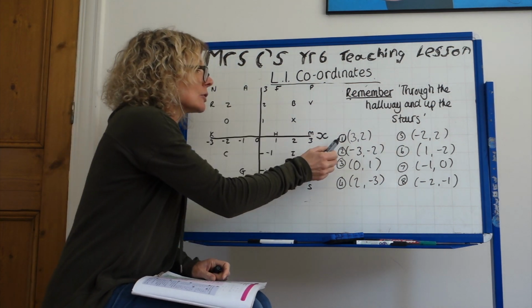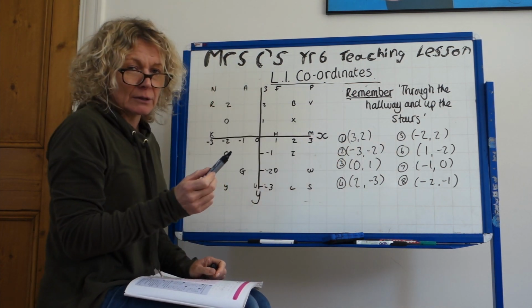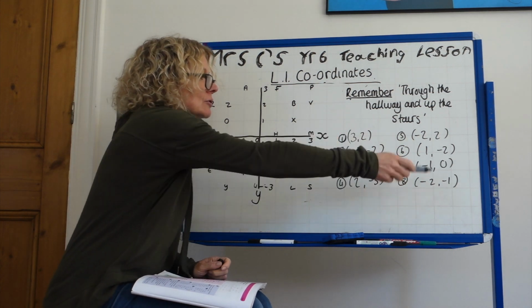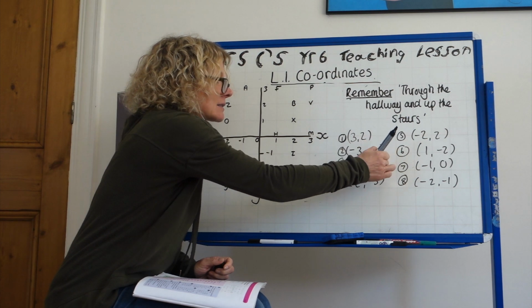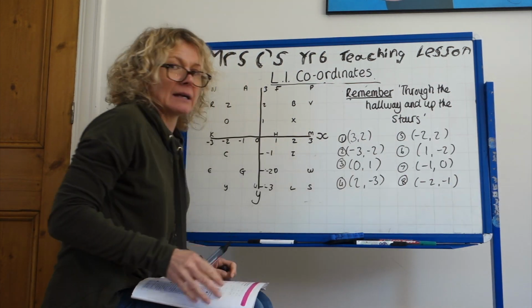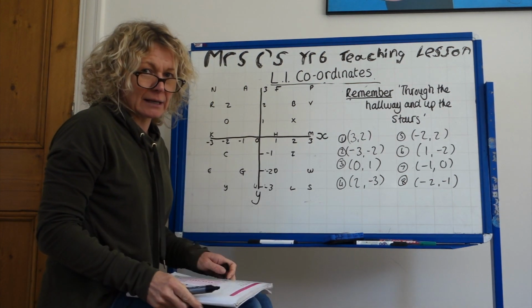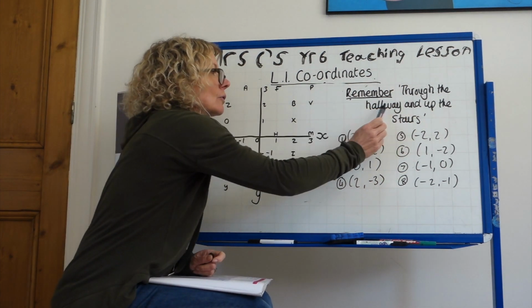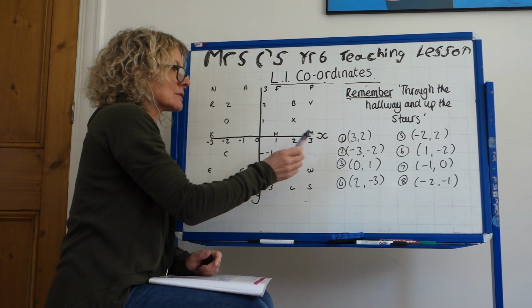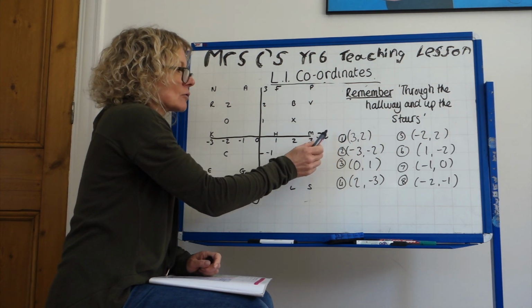So I'm going to do literally number 1 with you, then you're going to go off and do the rest of these questions. I'll pause and I will write the answers here. Okay? So let's just quickly go through how to do this. Remember, through the hallway and up the stairs. No different. 3 is the x coordinate.